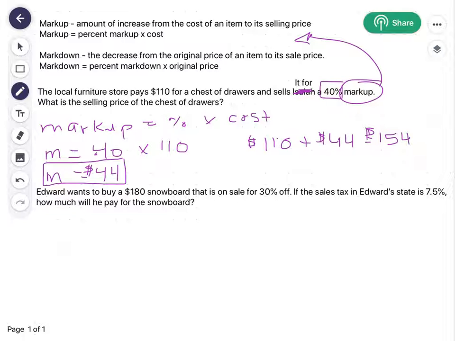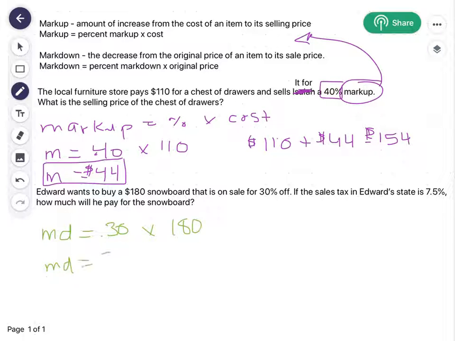So the snowboard, this is a markdown, so it's MD, markdown, equals our percent, which is 30, but it needs to be the decimal, so 0.3 times the original price, which was $180. So we have our markdown equals 0.3 times 180, which is 54.